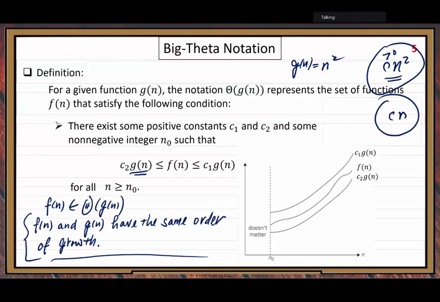If the upper bound function and the lower bound function belong to the same category as the g function, then the f function must also belong to the same category. So now you feel it's natural. It's very natural.